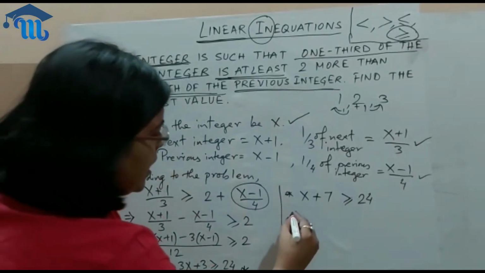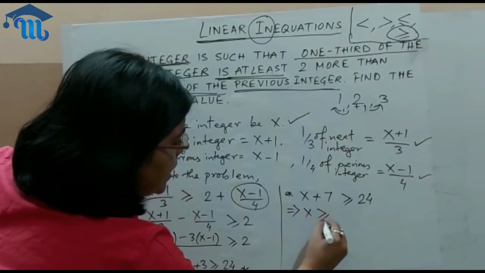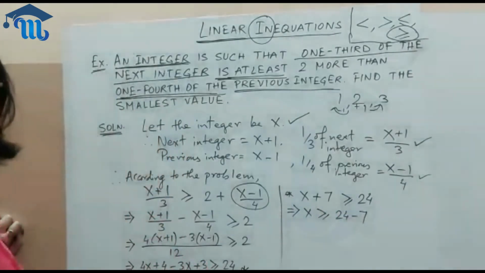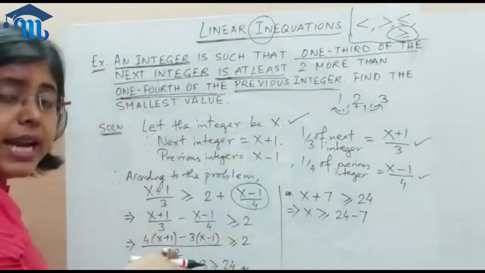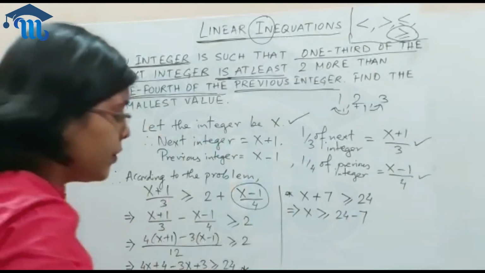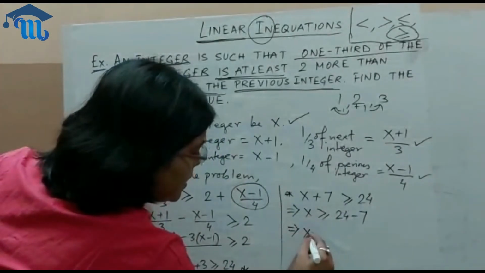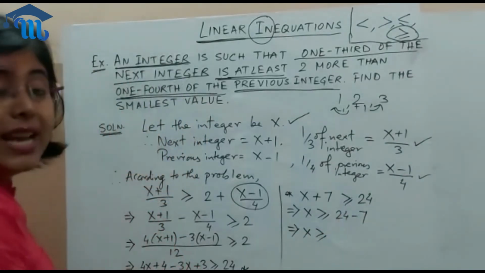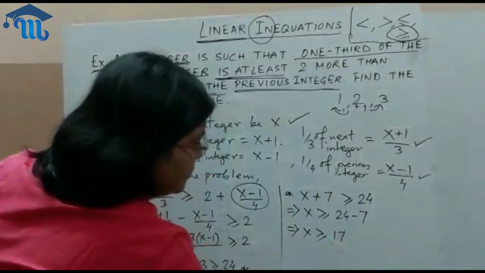Now what we do is x is greater than equal to 24 minus 7. As we know that the subject of the inequation, which is x, should be on the left hand side and every integer should be on the right hand side, which is what we are doing over here, which gives us the solution as x should be at least 24 minus 7, which is nothing but 17.